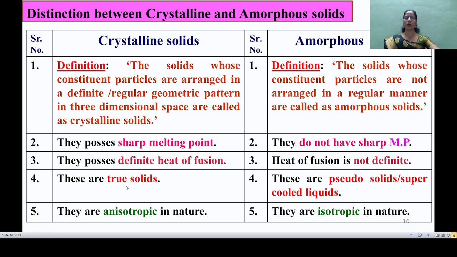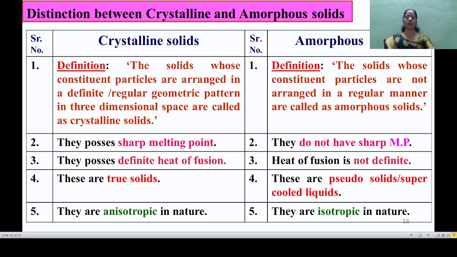The crystalline solids are considered true solids, while amorphous solids are considered pseudo solids or supercooled liquids. Another property is anisotropy. Crystalline solids are anisotropic in nature, while the amorphous solids are isotropic in nature.